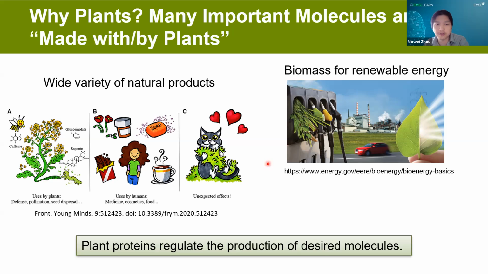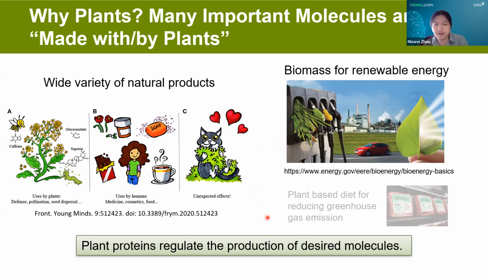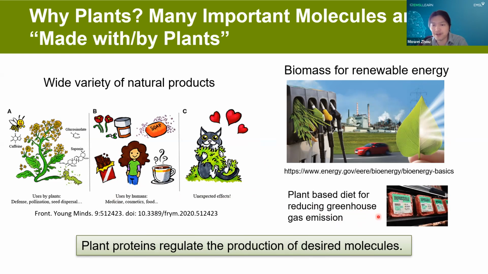And plant proteins regulate a lot of those processes to produce the molecules we want. Even if you don't think about those molecules, a plant-based diet is known to be better at reducing greenhouse gas emissions because the production process is more efficient, and those are actually plant proteins we're eating to achieve this goal.